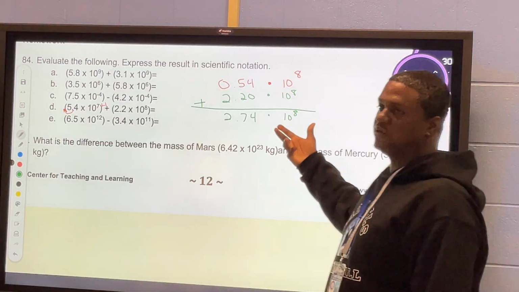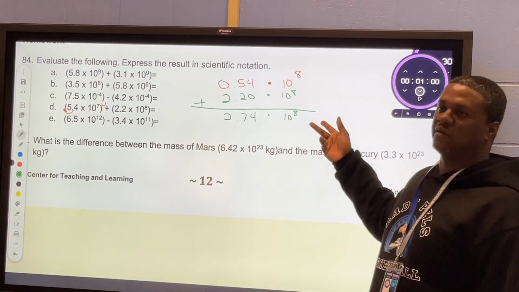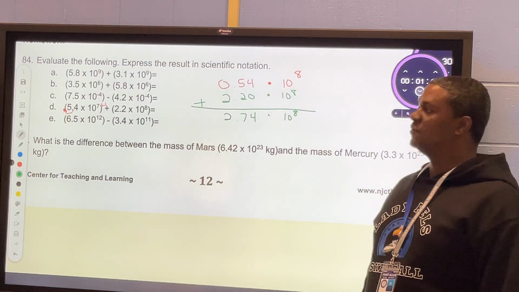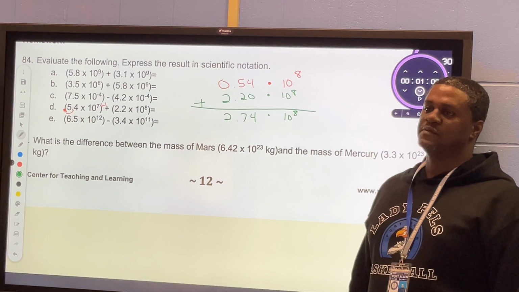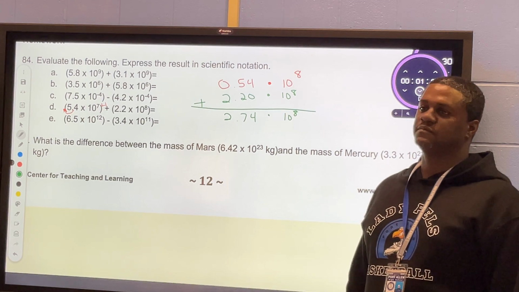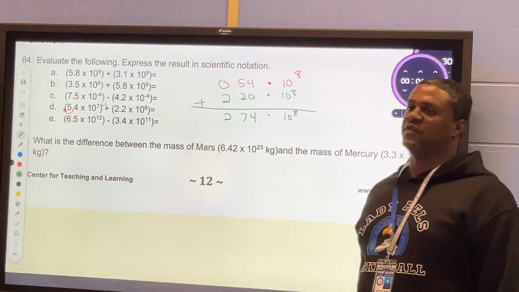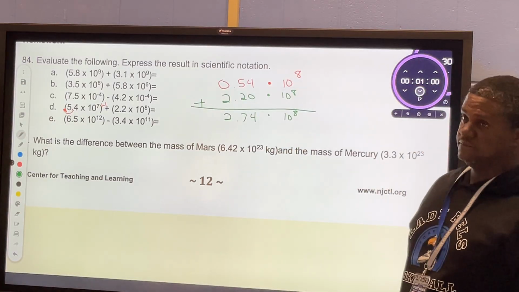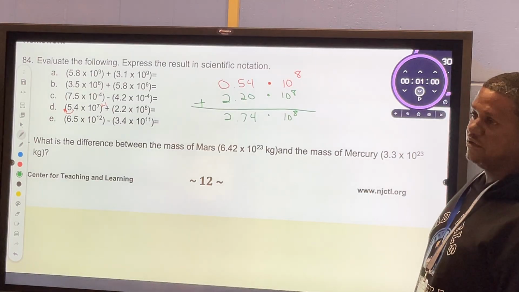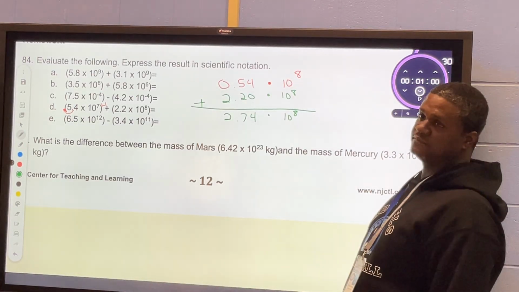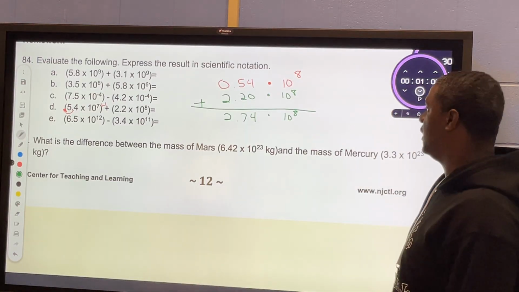That's going to be a trick on the test; 10 to the 16th power will be one of the answer choices. Add the coefficients and keep the exponent the same. You have to follow the rules or you're going to miss them. That's why we start with the rule first.